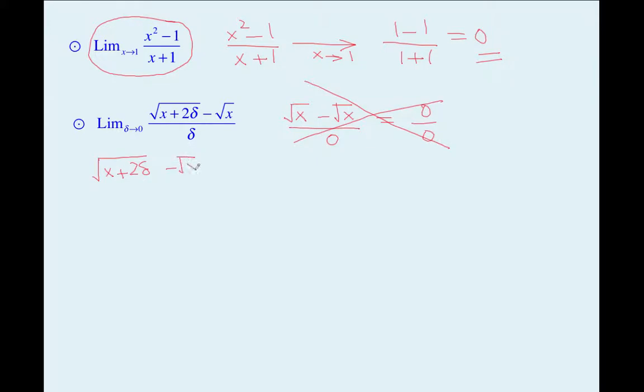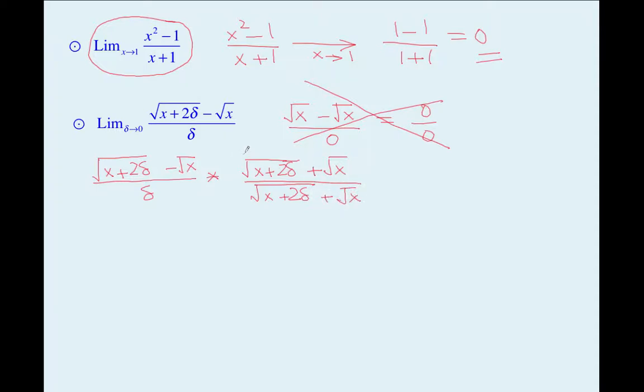So let me write the same expression, but multiply by 1, written in this rather peculiar form. I'm going to write square root of x plus 2 delta plus square root of x divided by square root of x plus 2 delta plus square root of x, the same thing.